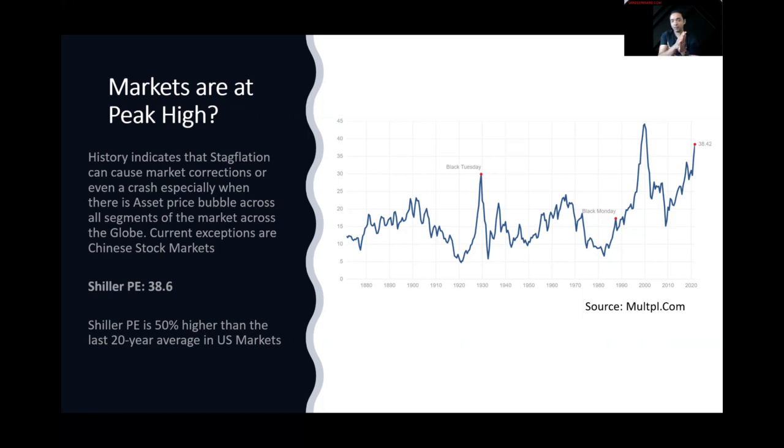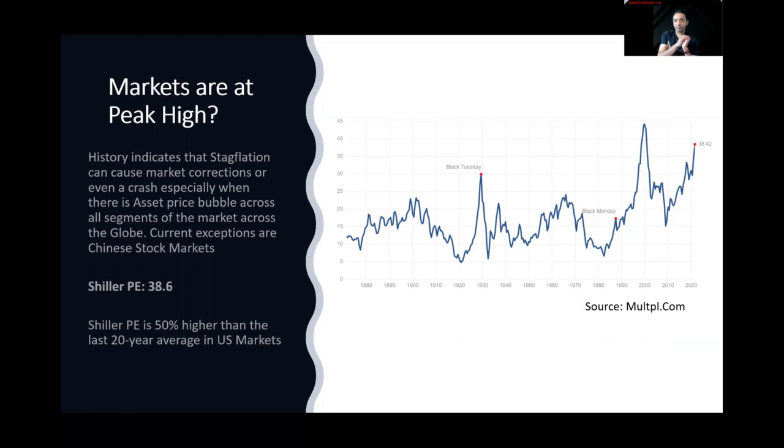And at the same time, as I said, if China and some emerging nations come to those levels, you could expect a global phenomenon of asset bubble across. So this Shiller PE is only for the US market. There are pockets which are still trading at not so high levels, which might reach that level, so we can anticipate it's on its way when the reflationary trade opens ahead. Now, Shiller PE is 50% higher than the last 20-year average in the US market.